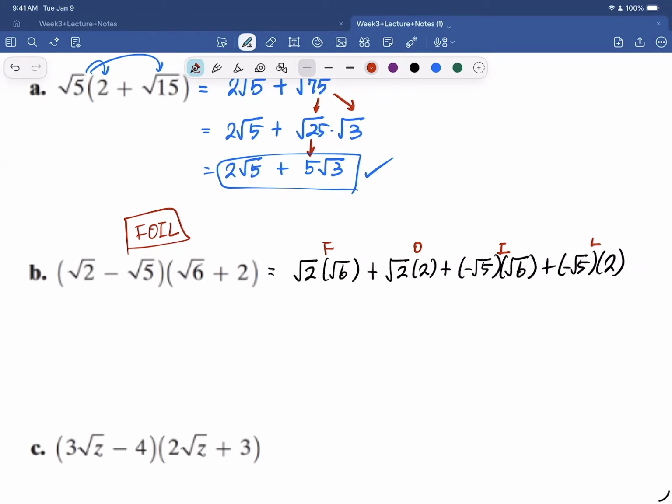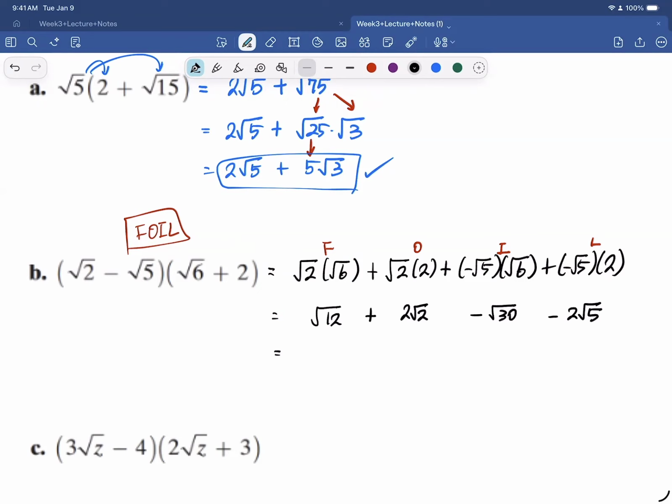So square root of 2 times square root of 6 is the square root of 12. And then this is 2 square root of 2. And then this is minus square root of 30, 5 times 6. And then this is minus 2 square root of 5. But you have to simplify it.